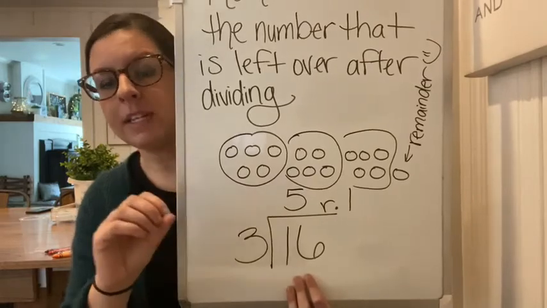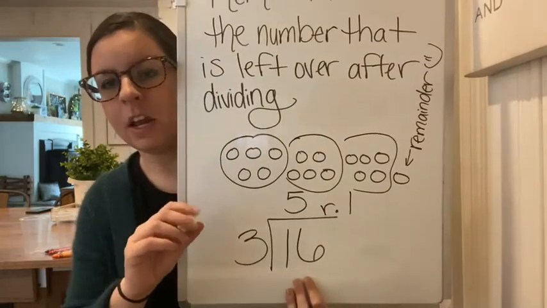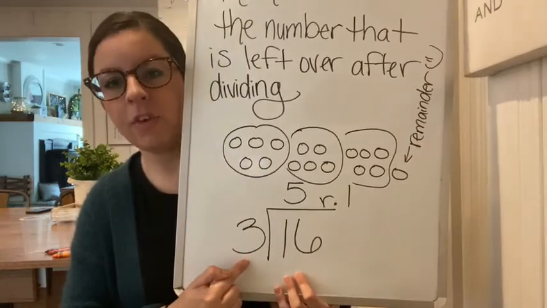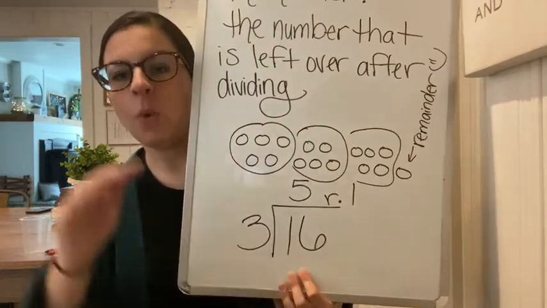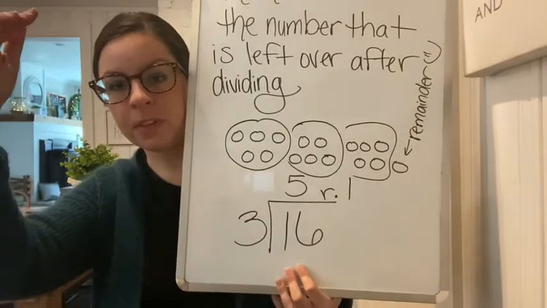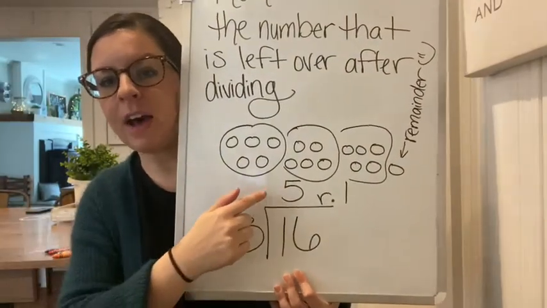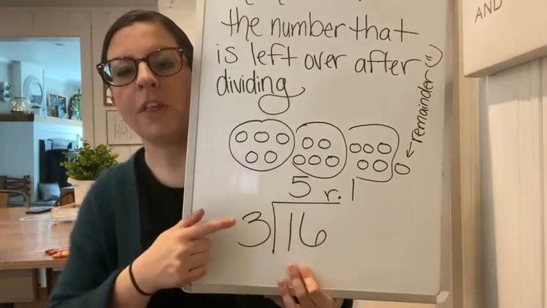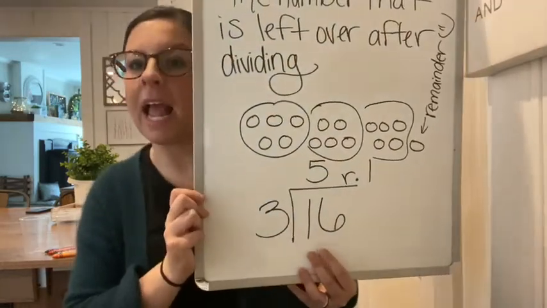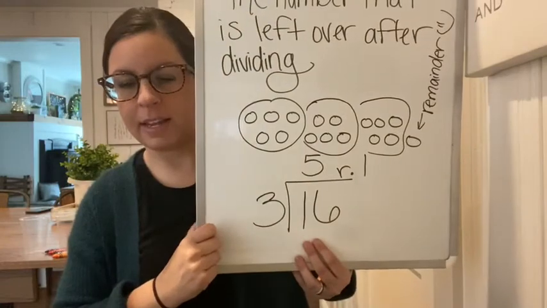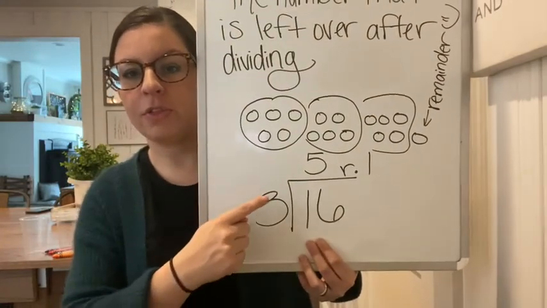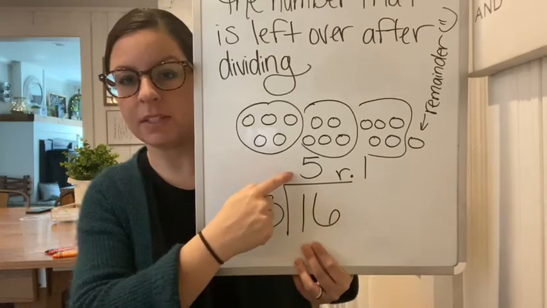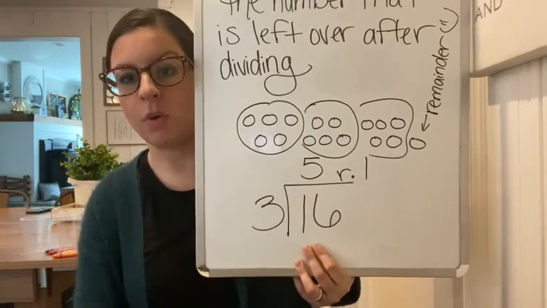So you say to yourself, how many times can 3 go into 16 without going over? 3 times 5 is 15. That's less than 16. But 3 times 6 is 18. That's too many. So we have to say 3 goes into 16 5 times with 1 left over.